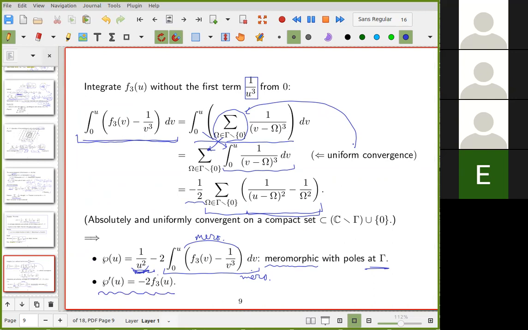And the point is that the derivative of this P function is just F3 essentially, with constant minus 2.